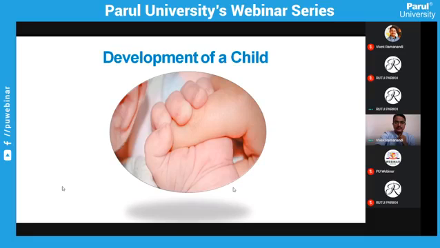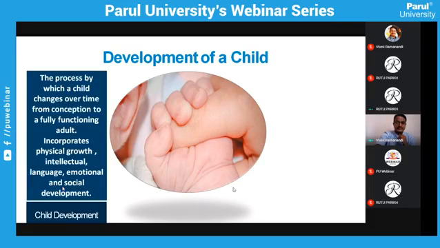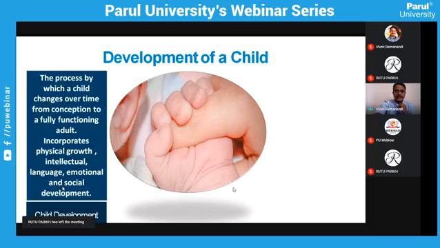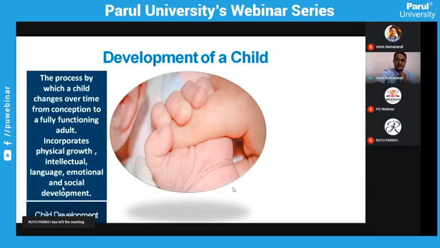As we know, development of child can be defined as a process by which a child changes over time. It starts from conception and ends when a child is developed into a fully functioning adult. It incorporates multiple aspects such as physical growth, intellectual, language, emotional and social development.